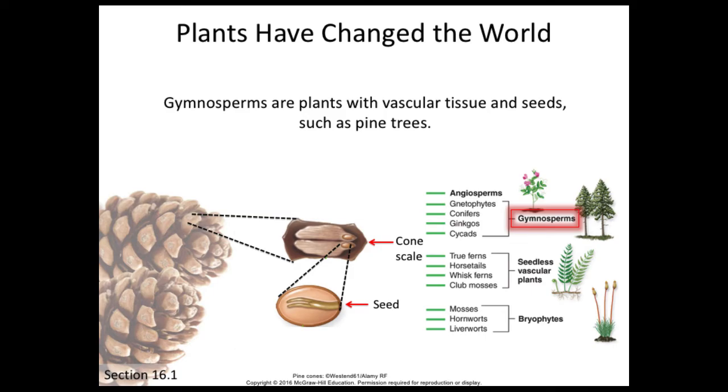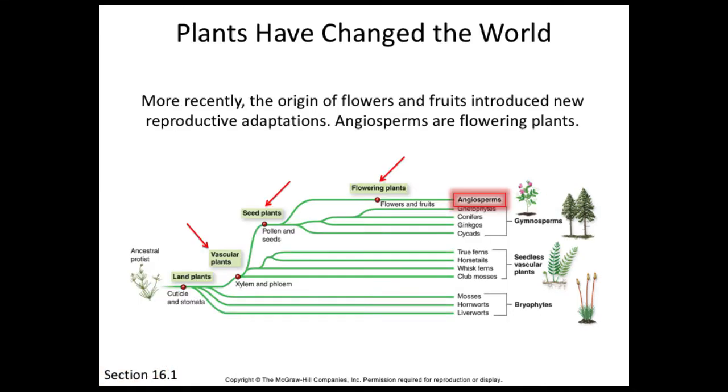Gymnosperms are the plants with both vascular tissues and seeds. And an example of a gymnosperm is a pine tree. And here we can see a picture of a pine cone that contains that seed. More recently, the origin of flowers and fruits introduced new reproductive adaptations.